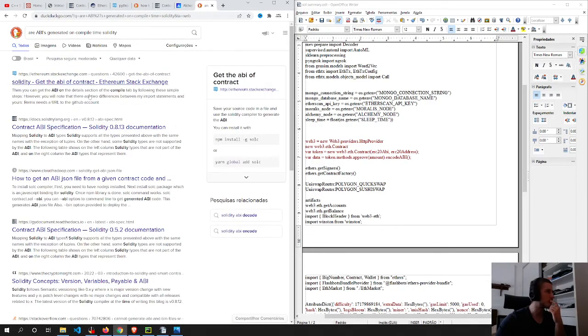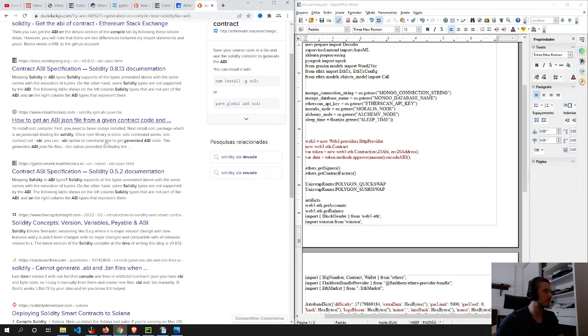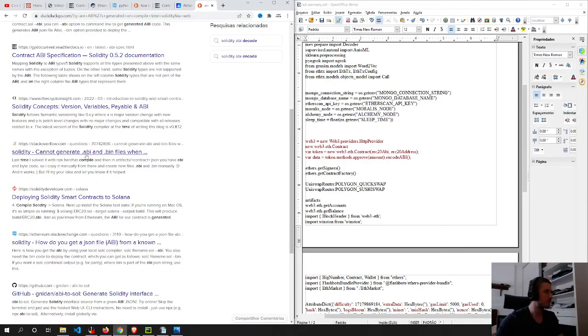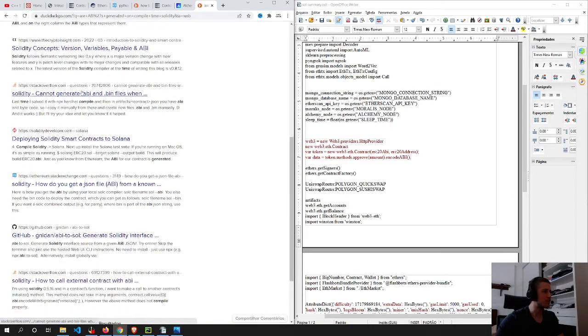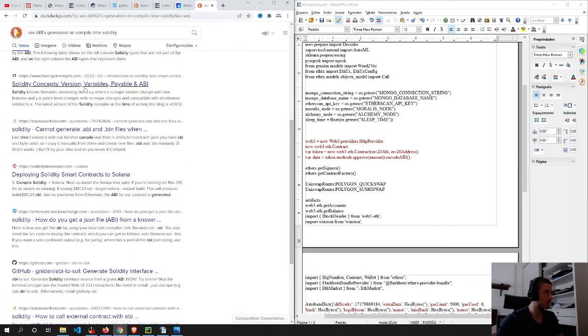Close this one. I just find it a pain to code this abstract binary interface. It seems really redundant to me and annoying, so hopefully I don't have to do that.